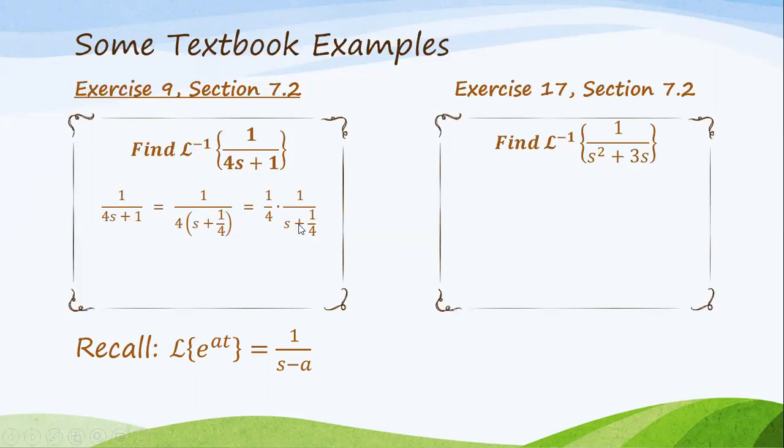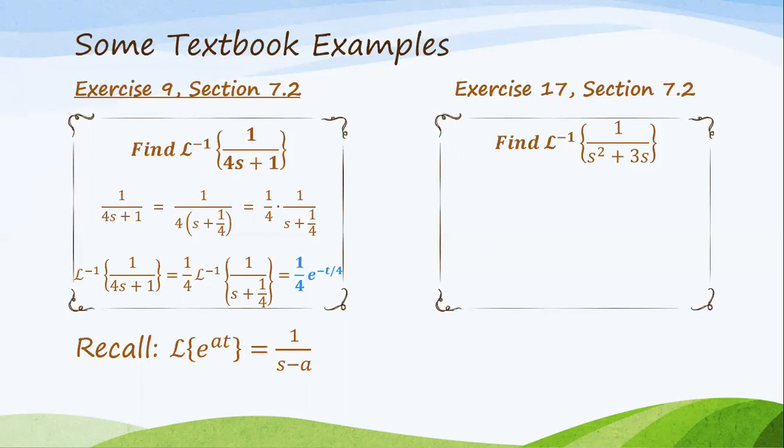So now by linearity, we have our solution. The inverse Laplace transform of 1 over 4s plus 1 by linearity is 1/4 of the inverse transform of 1 over s plus 1/4. So that's going to give us this result of 1/4 e to the minus 1/4 t.